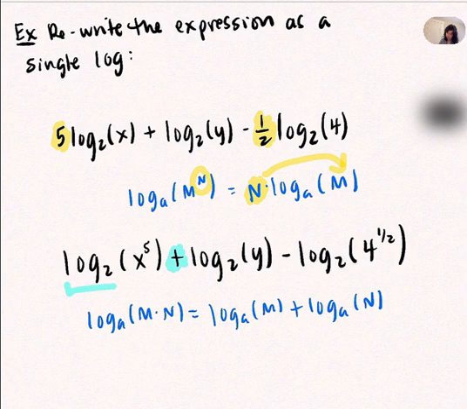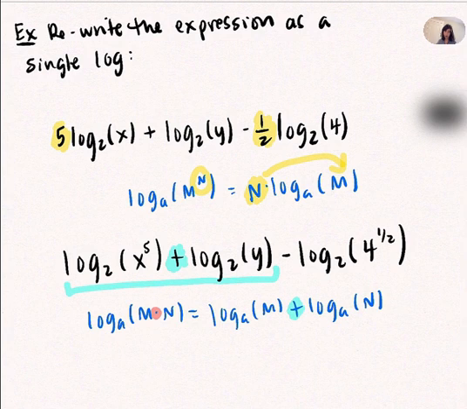So we have log of something base 2 plus log of something base 2. We can actually combine these two over the plus, put them inside the same exact log, but then switch the plus to a times. So we can put this x to the 5th and the y inside of a single log, but the plus needs to switch to a times.